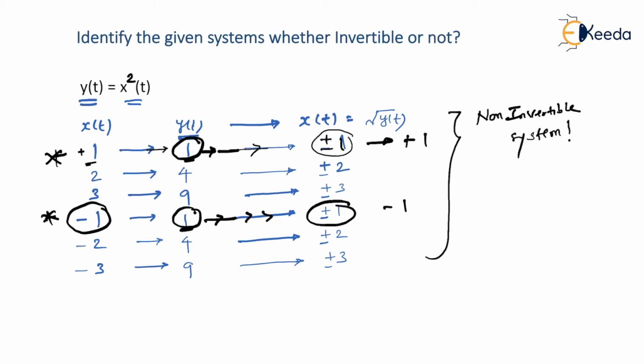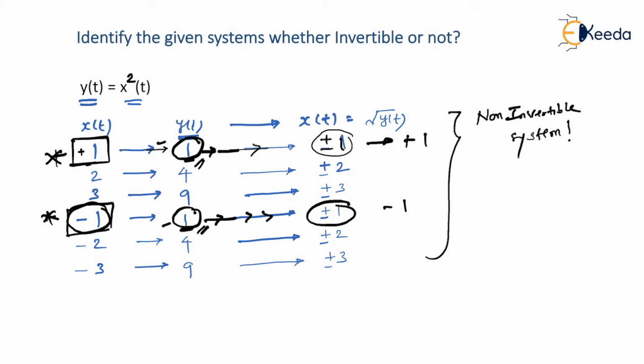So how to identify a non-invertible system? It's very easy. When for two different inputs, if you are getting same result as output, then it is called a non-invertible system, right? Because looking at these 2 plus 1's result, it is not possible to identify whether this one was generated by plus 1 or minus 1, because after squaring of positive numbers as well as negative numbers, you always get positive results.